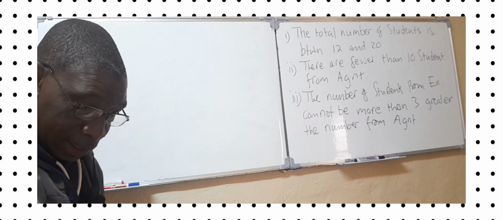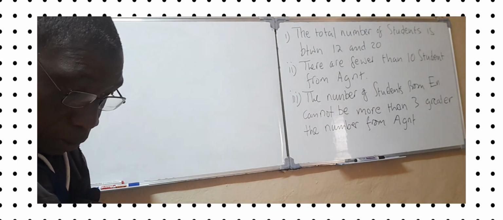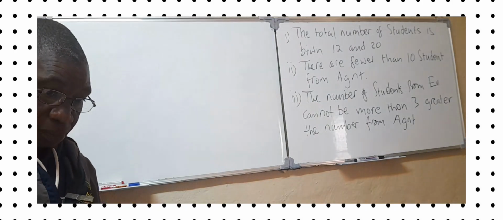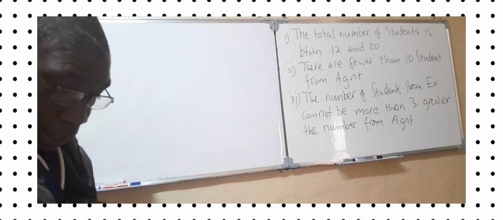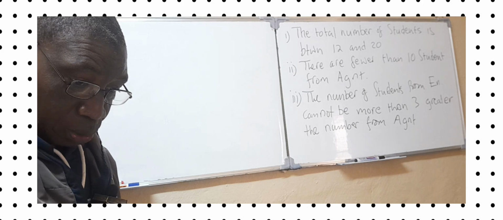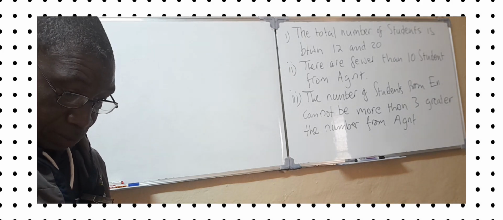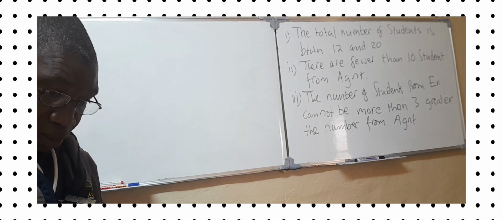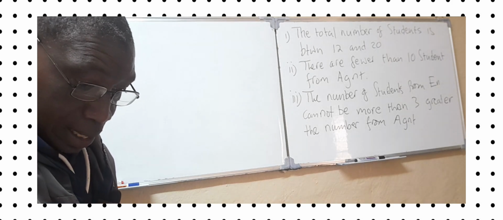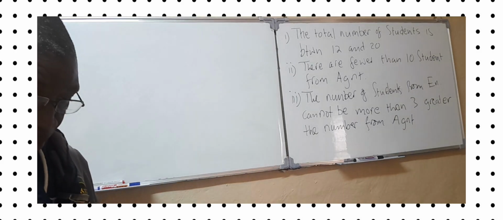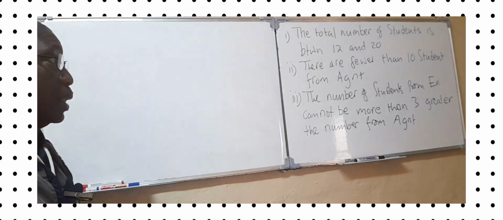Let's read it again and a little bit slowly this time. Students from Argentina and students from England are meeting on a cultural exchange. In total, there will be between 12 and 20 students. There are fewer than 10 students from Argentina, while the number of students from England cannot be more than 3 greater than the number of students from Argentina.